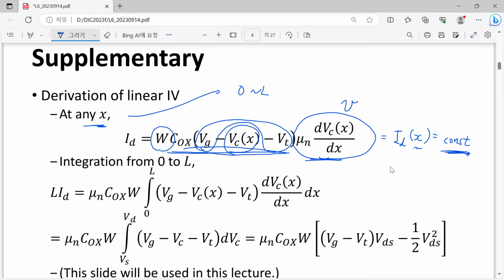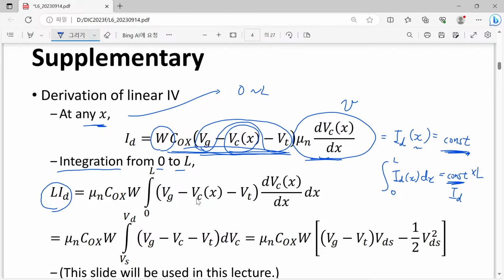So what we do is treat it as a function of position and integrate it from 0 to L. Since it is just a constant, we will have the constant multiplied by our length L, and this constant is the constant ID value. So now you can see that we have L times ID as a result of integration from 0 to L, and the right hand side is now integrated.